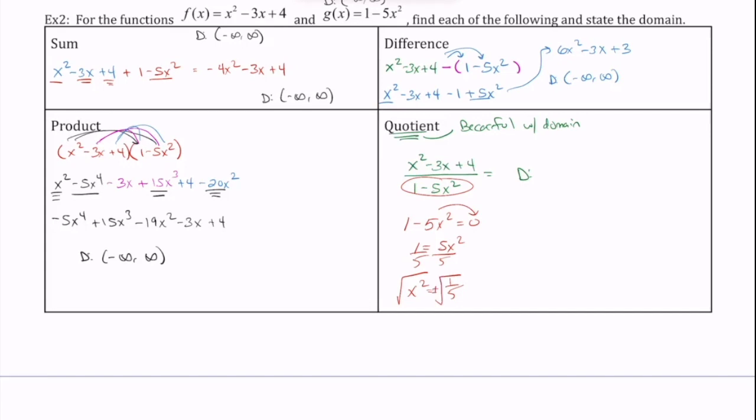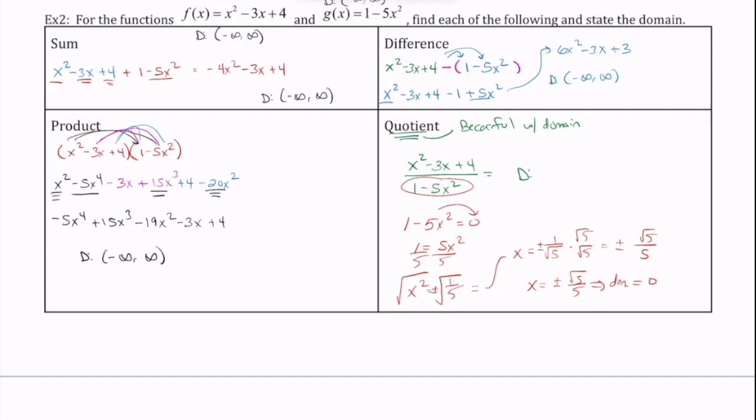I got x equals 1 over the square root of 5, plus or minus. I'm going to rationalize this, which is equal to plus or minus square root of 5 over 5. So when x is equal to plus or minus root 5 over 5, that implies that your denominator is going to equal 0, and that is not allowed. So my domain can be everything but these numbers.